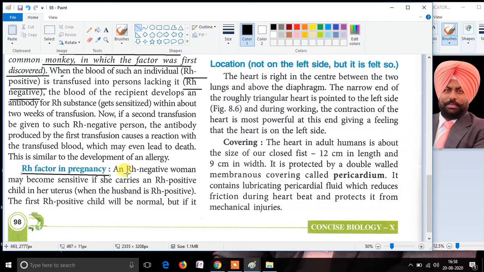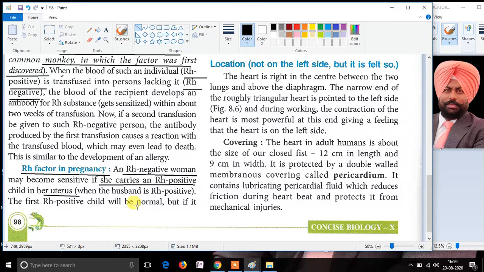The example considered here is the Rh factor in pregnancy. This says that if an Rh negative woman is carrying a fetus in her uterus, she should not be transfused with blood having the Rh positive factor.